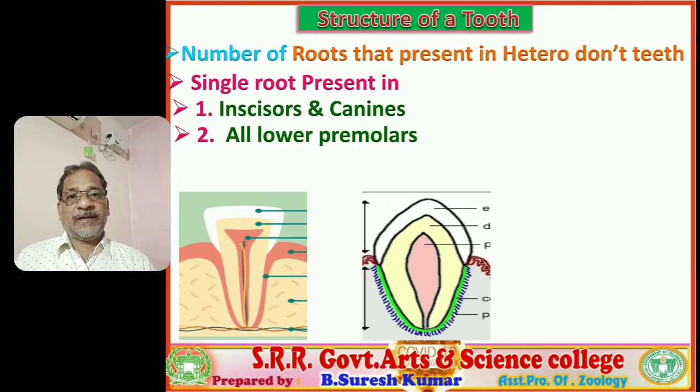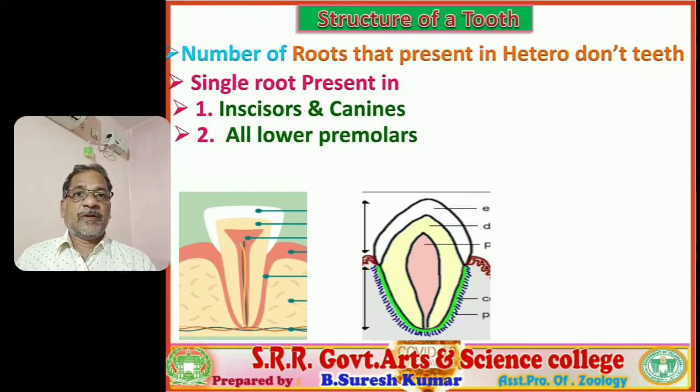Premolars are absent in milk teeth but found in adult, permanent teeth. Both upper jaw and lower jaw contain premolars. Okay, but upper jaw premolars never come under this category. Only lower jaw premolars come under this category.